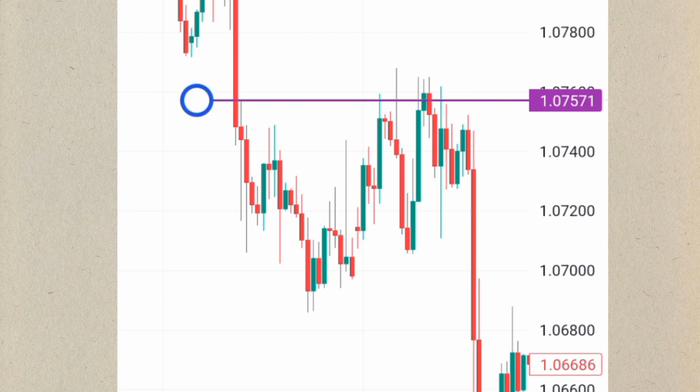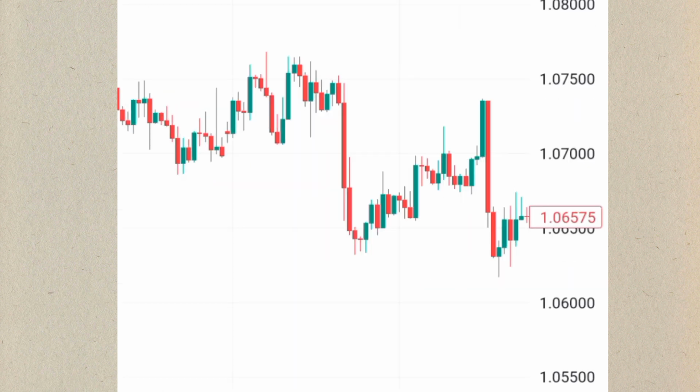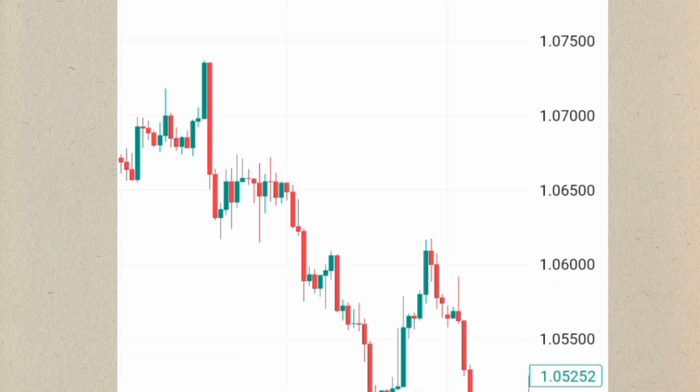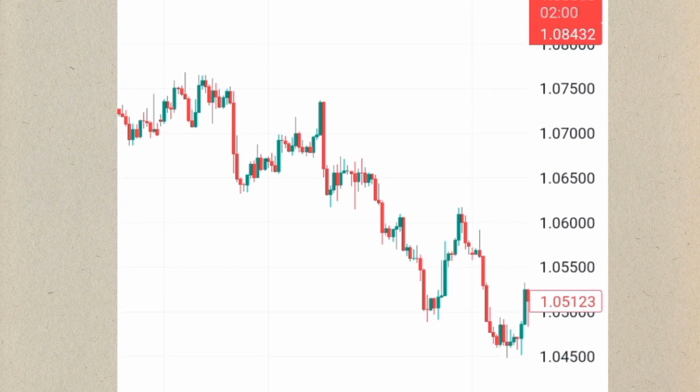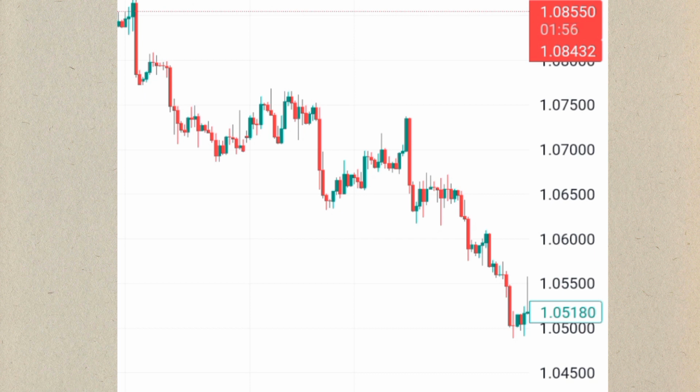After knowing what a fair value gap is, let me show you how to trade fair value gaps, and the strategy I'm going to share with you. First, after coming to your chart, you must identify the trend.